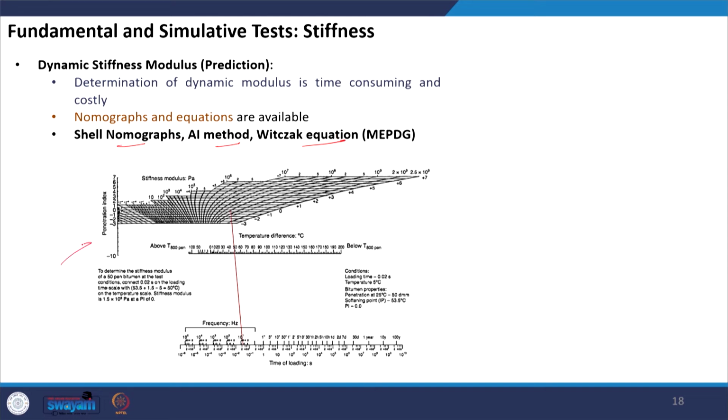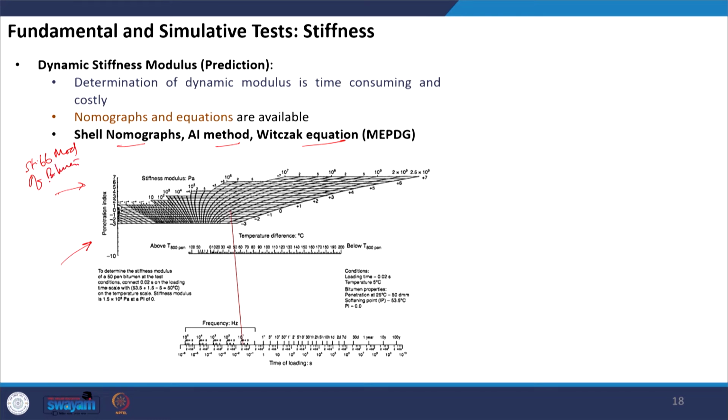So this is one of the nomographs, and we have earlier discussed this. The Shell nomograph uses a 2-step process. In the first step, using the penetration value, softening point value and penetration index value and the time of loading in which we are interested, we will first predict the stiffness modulus of the binder. So this is stiffness modulus of bitumen.